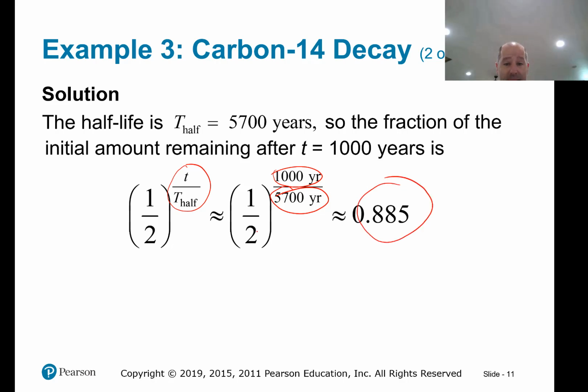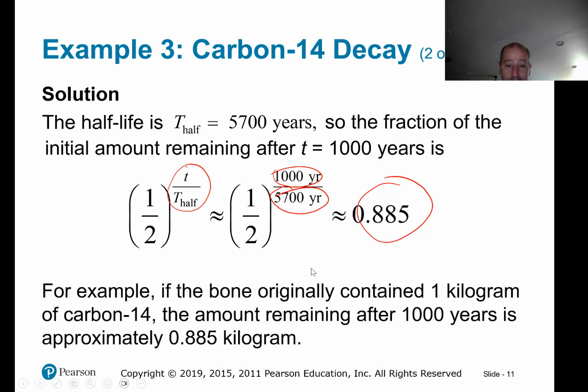So what does it tell us? That tells us that 88.5% of the radiocarbon-14 is still there. So in other words, if the bone originally contained 1 kilogram of carbon-14, after 1,000 years there'd still be 0.885 kilogram remaining in the bone.